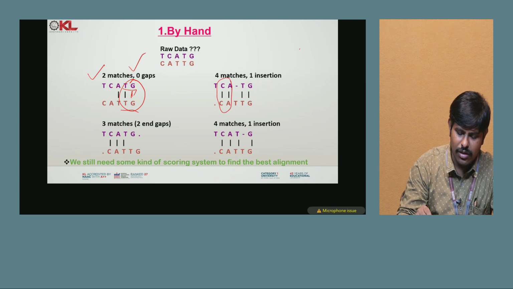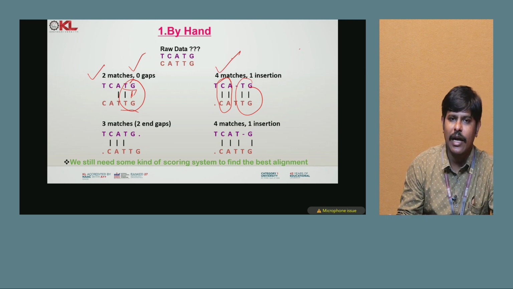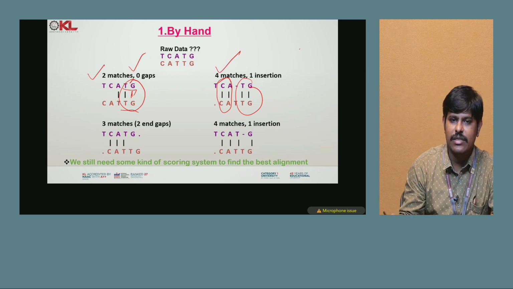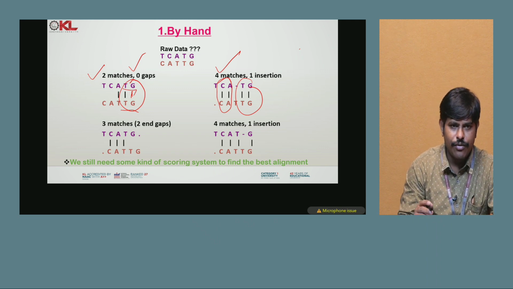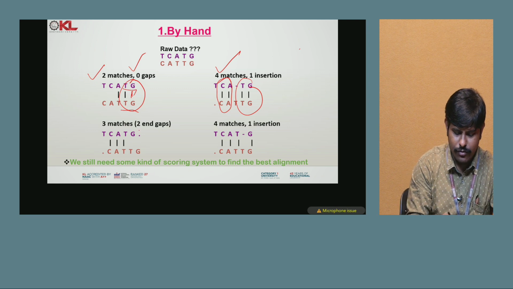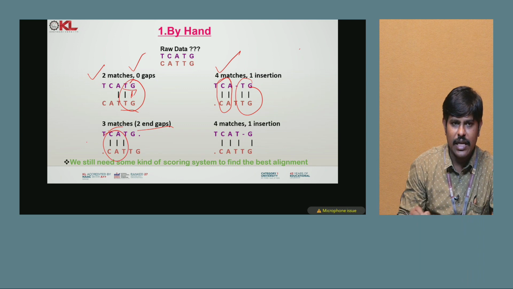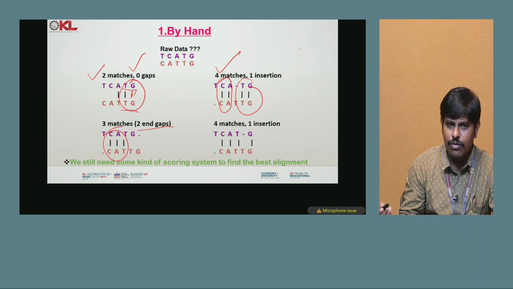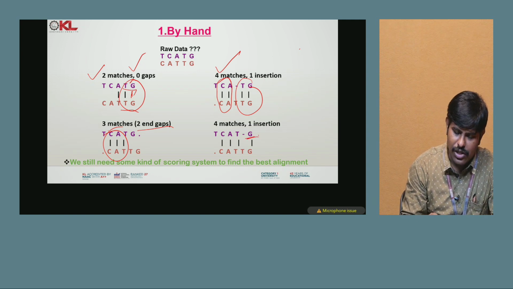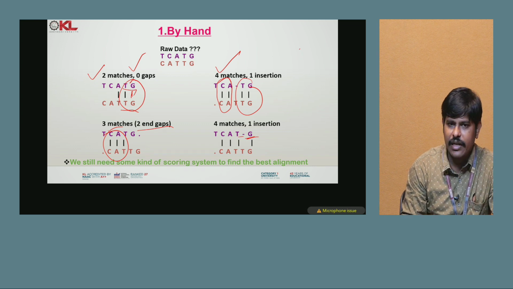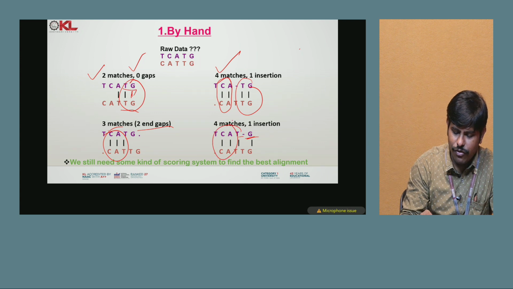Because of this, CA matches and TG matches, so four matches and one gap. Third, I have kept two end gaps in the two sequences, then CAT in the first sequence and CAT in the second sequence match. Fourth, I insert a gap just before the last character: TCAT dash G and CATTG. Because of this, four matches are there.